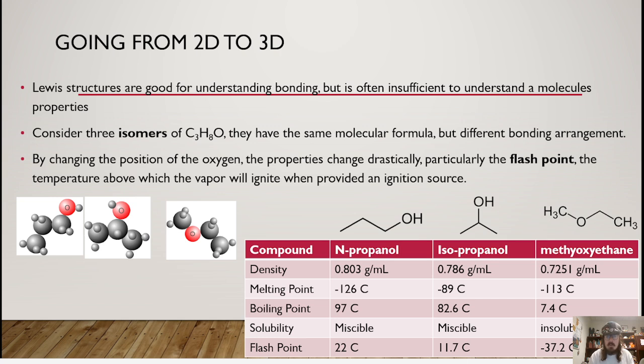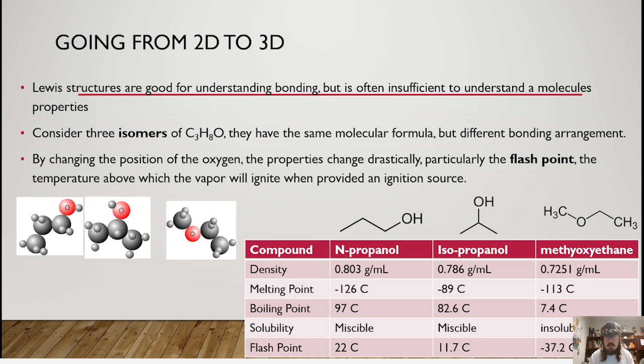Its melting point is the lowest, meaning it takes the least amount of energy to melt it. It will melt a lot sooner than everything else.